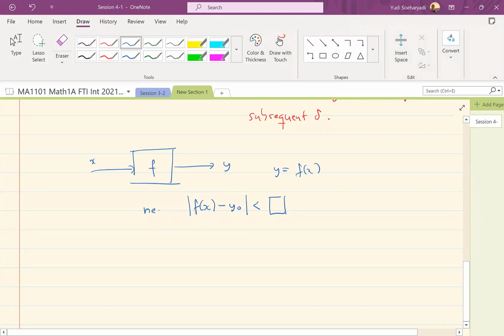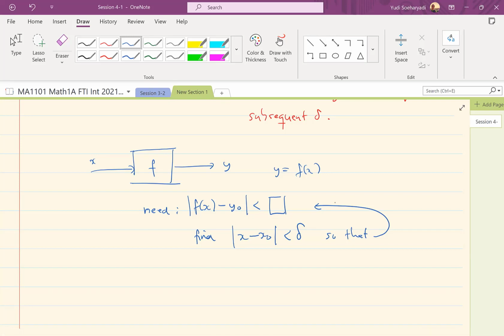What we need is this, and we need to find x minus something here, so that this one occurs. Okay. All right, so that's the context.